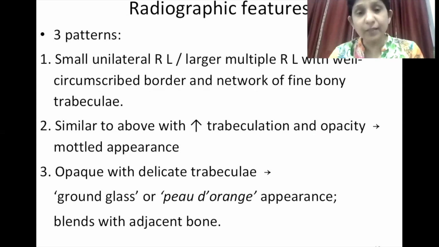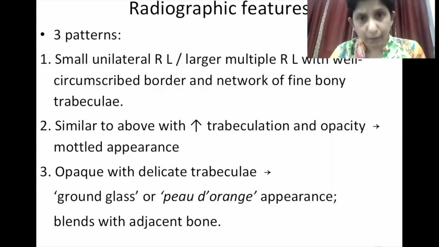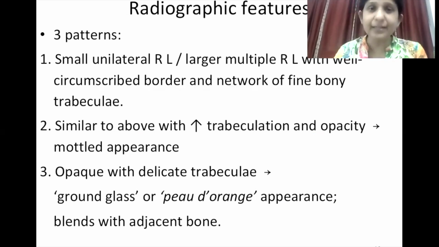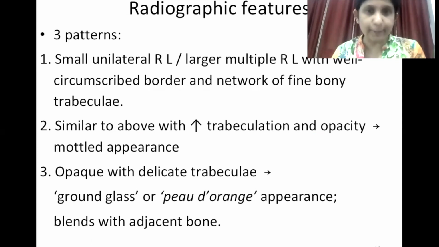So that appearance is called a ground glass appearance or a peau d'orange appearance, where you will find radiolucency as well as radio opacity. So depending upon which stage the patient has come to you, you might see a radiolucent lesion on the radiograph of the patient, or you can see a mixed radiolucency and radio opacity.